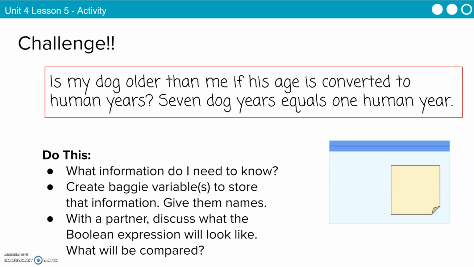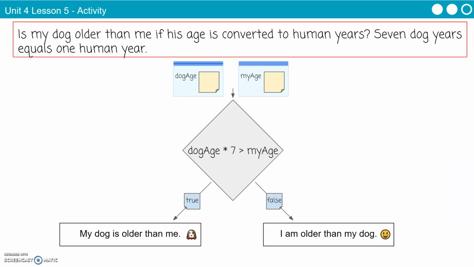Let's try another challenge. Is my dog older than me if his age is converted into human years? You may have heard that a dog's years are like 7 times that of a human. So what information do you need in this situation? Let's make another decision tree and see. We decide we need both ages, your age and your dog's age.